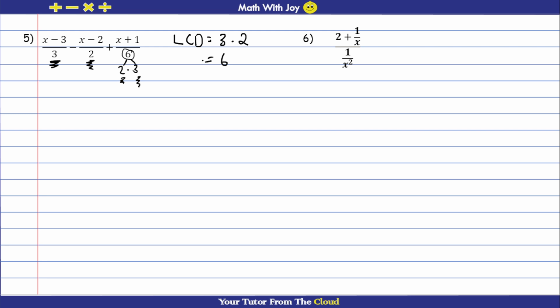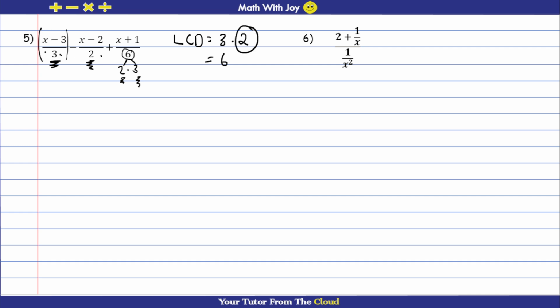So that means I want to make sure that each denominator is actually 6. For this first term, what must I multiply 3 with so that it becomes 6? I need to multiply this 3 by 2 to get 6.